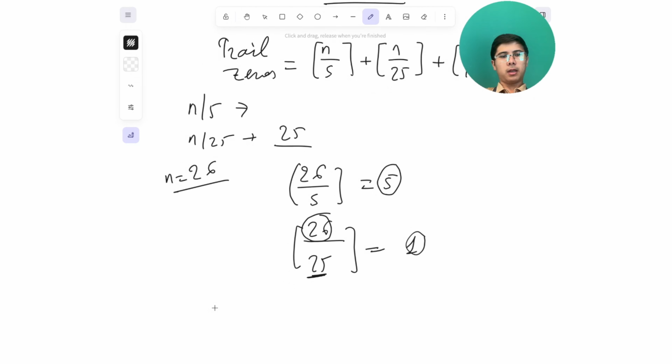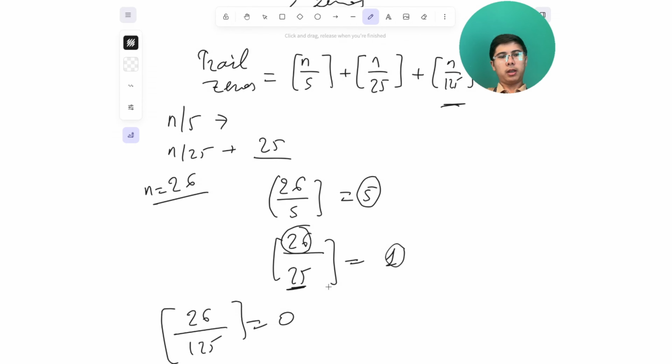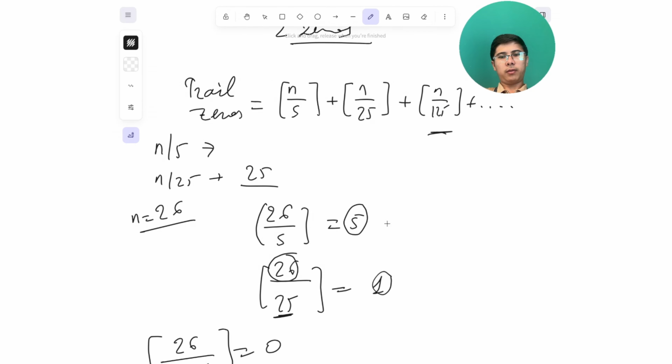Then if we divide by 125, it cannot divide, because the integer part becomes 0, so we can stop here. Therefore, we have 5 and we have 1. We just sum them: 5 plus 1 equals 6. That means 26 factorial has 6 trailing zeros.